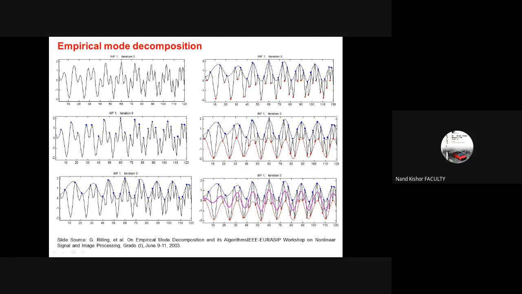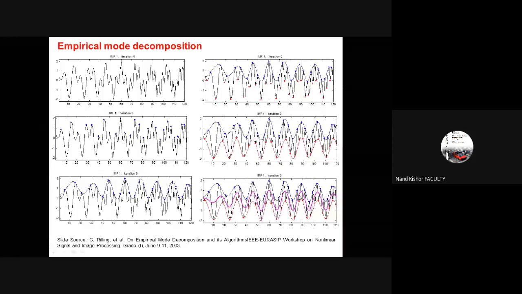Now we obtain a pink colored signal, as you can see here, right? So we have the sum, in fact the average, that we have obtained. This is your IMF 1.